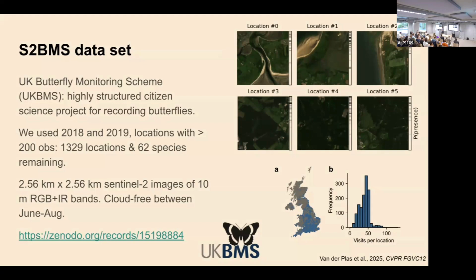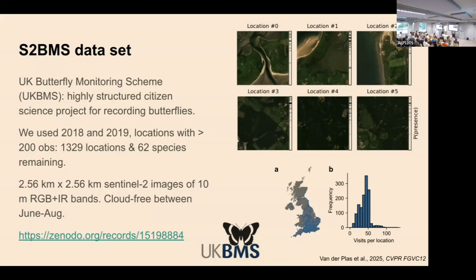This is based on the UK BMS dataset, the UK Butterfly Monitoring Scheme dataset, which is an amazing dataset. It's a monitoring program that's been going on for, I think, over 50 years, where trained volunteers walk the same transect route every week, and there's a very standardized protocol to count all day butterflies on that route.